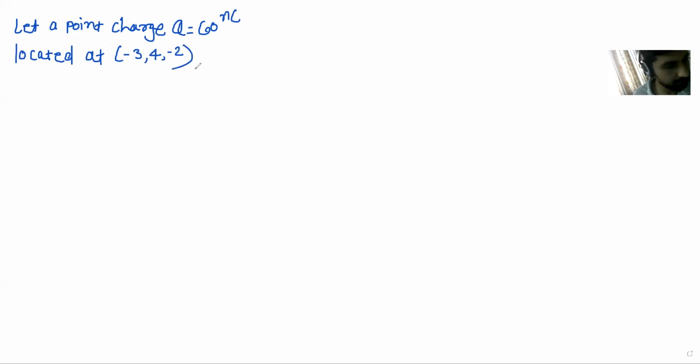This is the location of the charge. Find the electric field intensity E bar at the point (1, 2, 3). Let us define this point as point P. So this is the example.